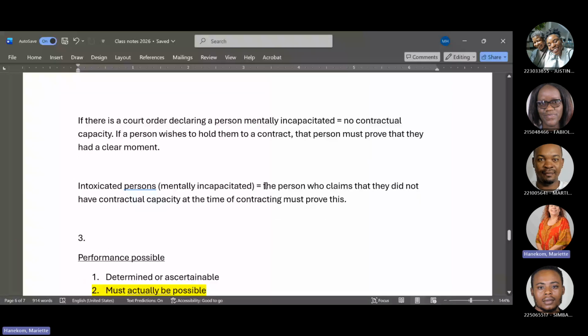I normally do this in class, but I think I need to stop doing this. The piece in the study guide refers to intoxicated persons, people that are drunk or have used drugs. But it's not just intoxication that can cause this. So I'm just going to put that in here.